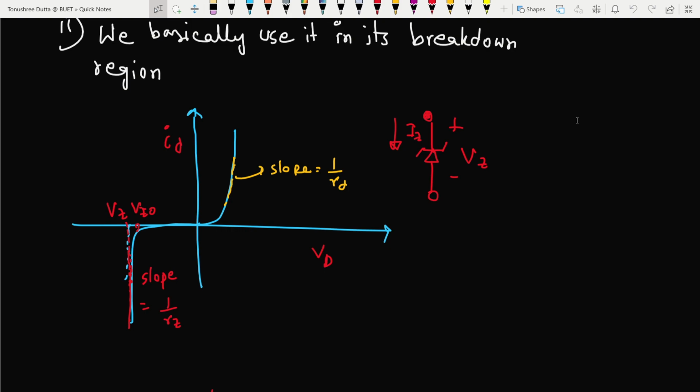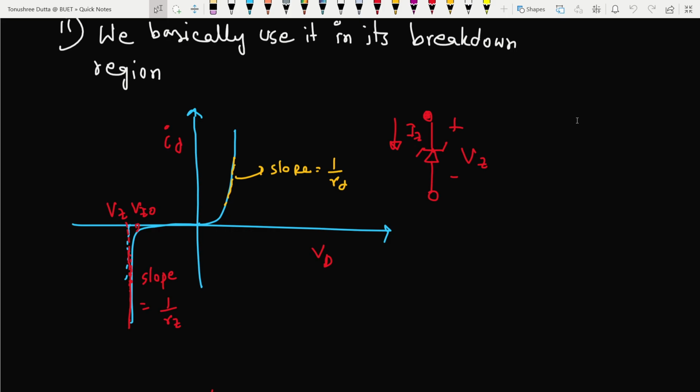You can see that the slope of the positive side is quite smaller than the slope in the negative side, in the reverse region. The reverse region is almost like a line parallel to the y-axis after a certain point.